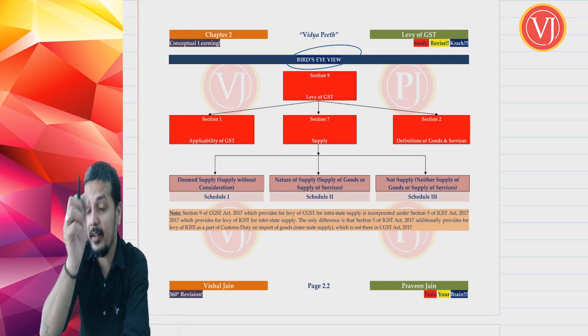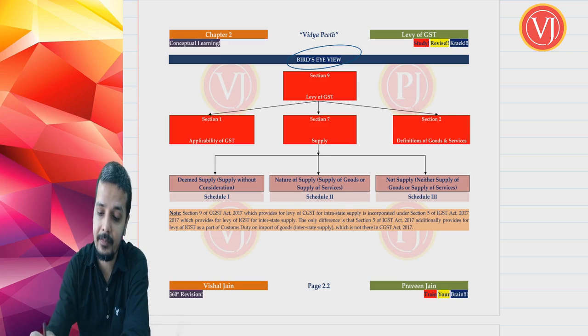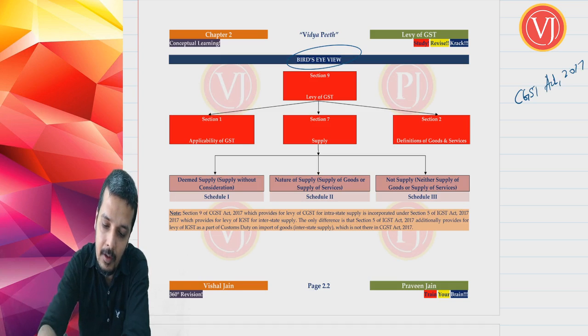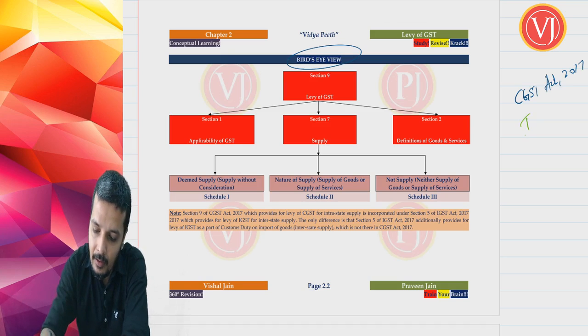Now you have to understand one more thing. What is there for your exams? You do have to remember the provisions of the CGST Act 2017, and you have to remember the provisions of the IGST Act 2017.